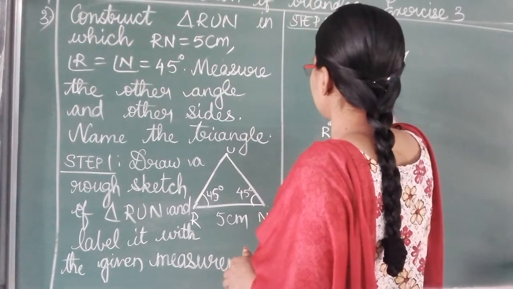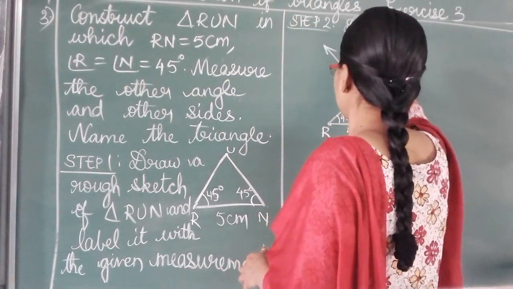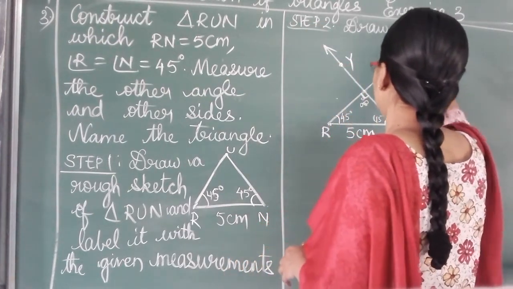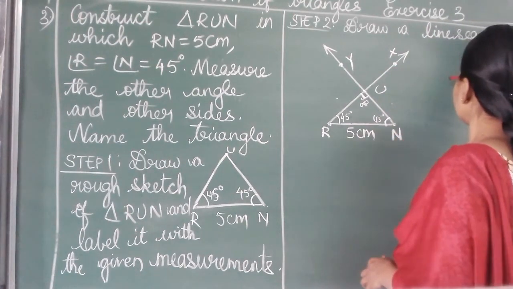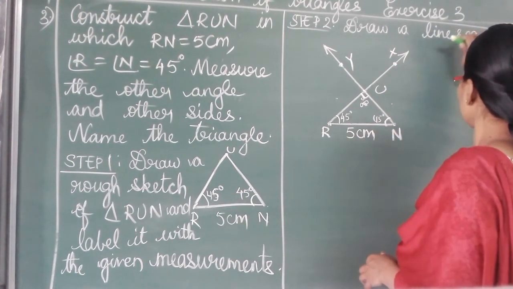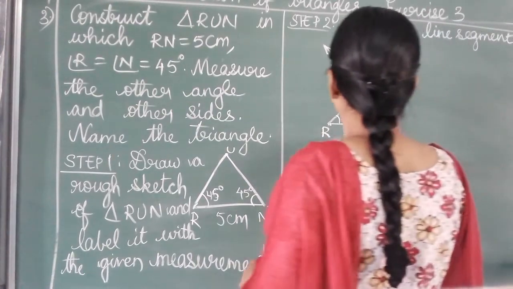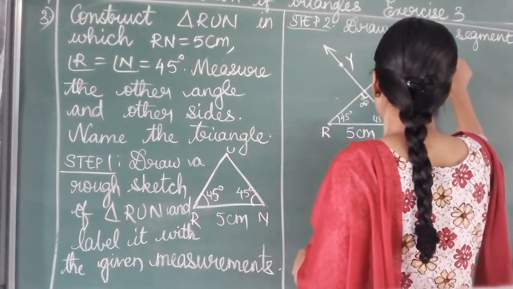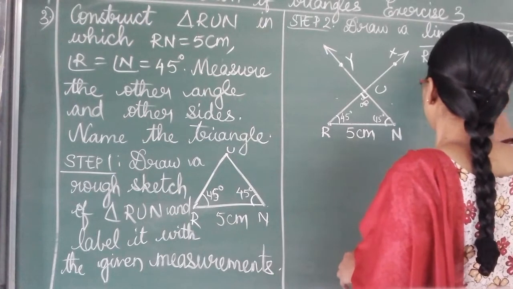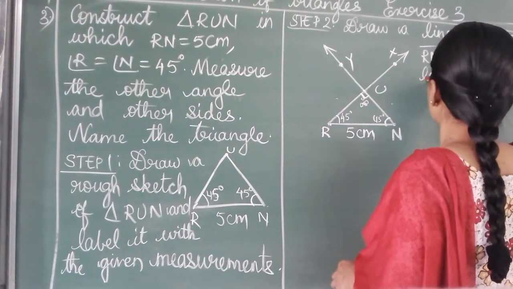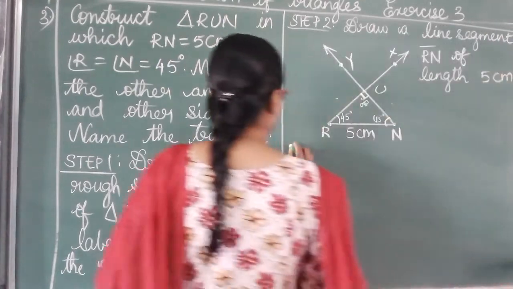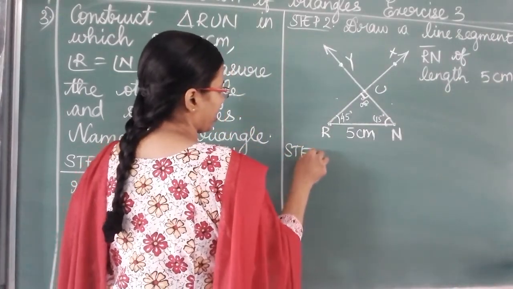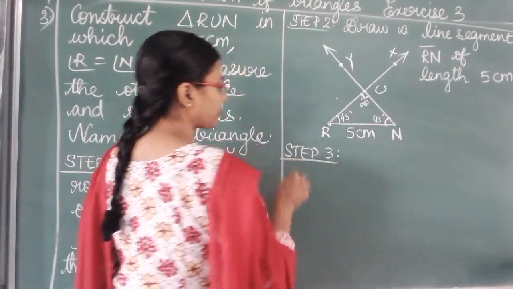Step 2 is draw a line segment RN of length 5 centimeters. That is the second step. What did we do in the third step? Step 3.